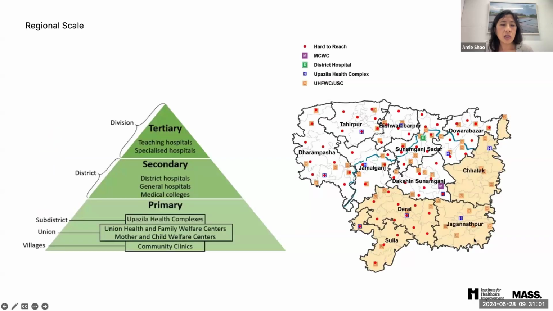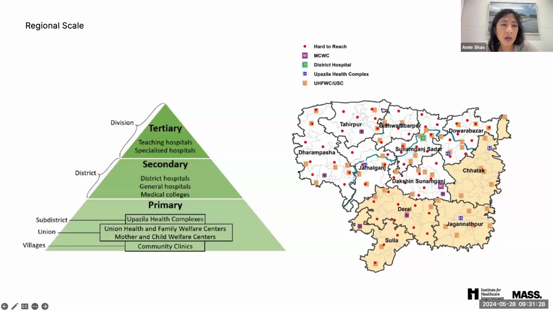So at the regional scale, I think there is some understanding of the importance of distributing referral facilities so that people do get the right care at the right place, from effectively accessing trusted community-based care up to life-saving procedures.